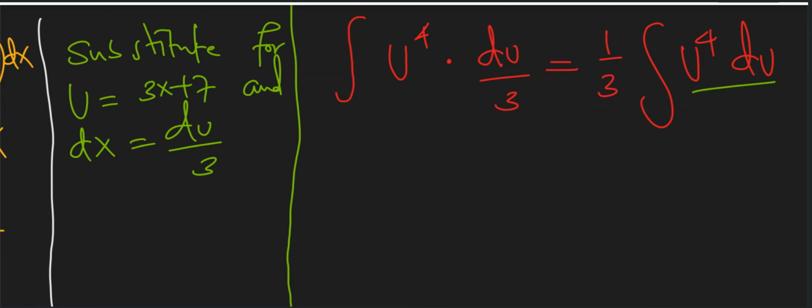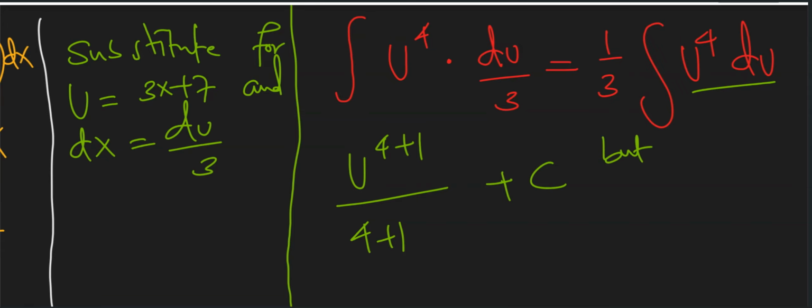The integration of u power 4 with respect to u will be u power 4 plus 1 divided by 4 plus 1, plus c. This is the integration with respect to u, but remember we said u equals 3x plus 7.